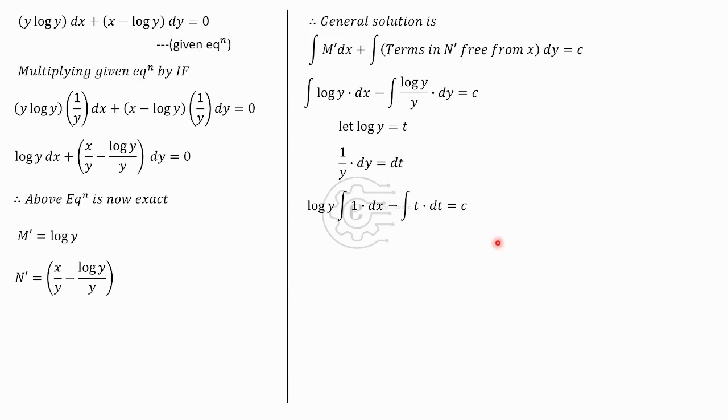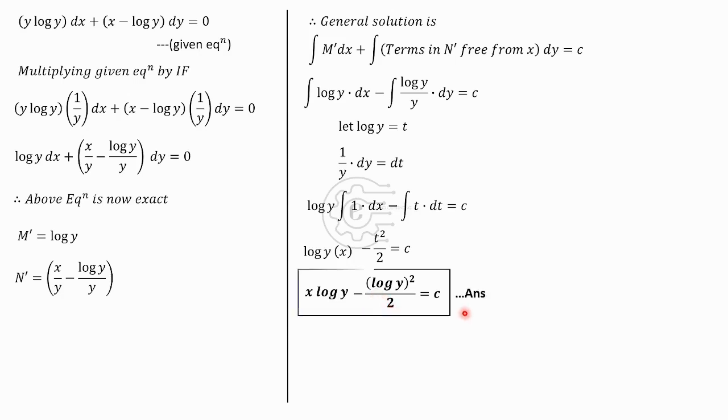So we write log y into integration of 1 into dx is x, minus integration of t is t square upon 2, equal to c. Let us substitute the value of t back into the equation. So we write x log y minus (log y) square divided by 2 equal to c, and this is our final answer.